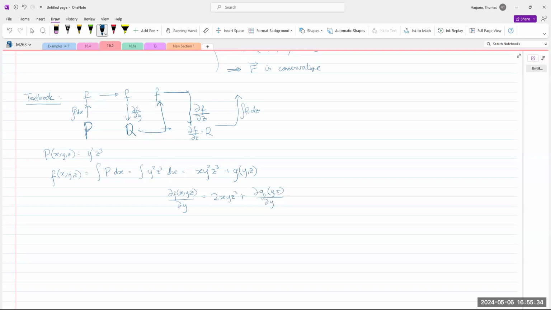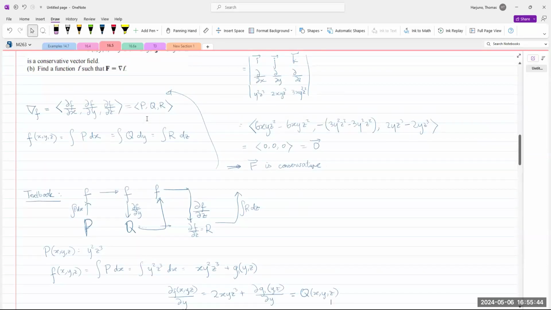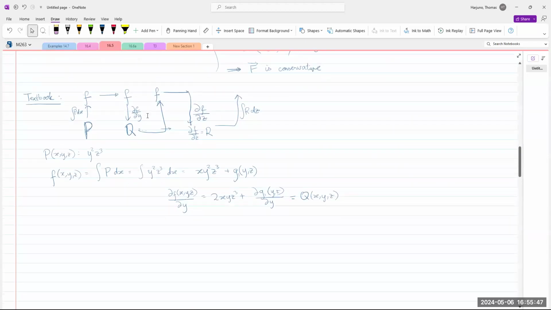Now match this with q, which is 2xyz cubed.